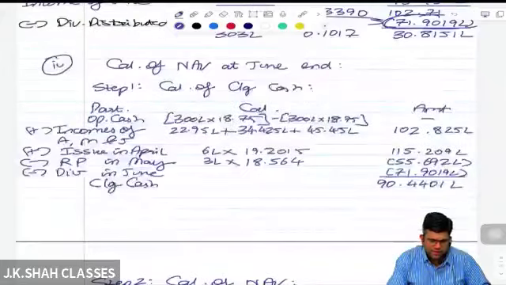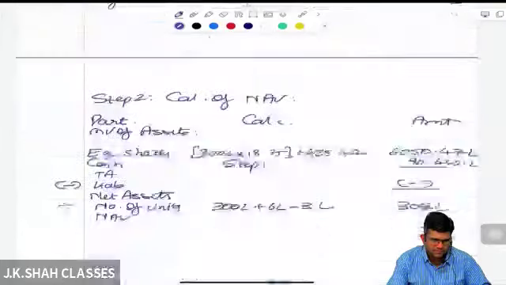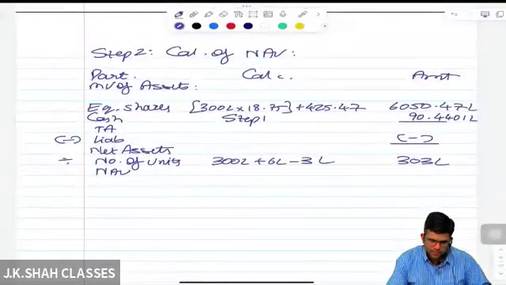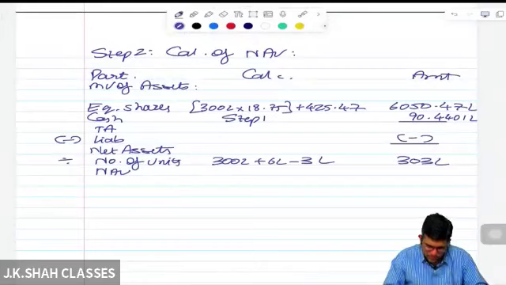Everyone is done with the cash balance now? So in particulars, market value of assets. Equity shares.